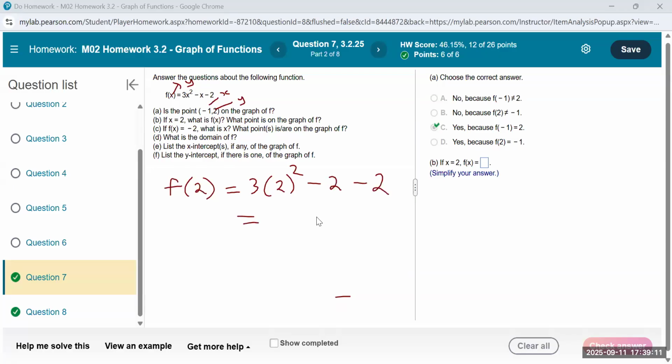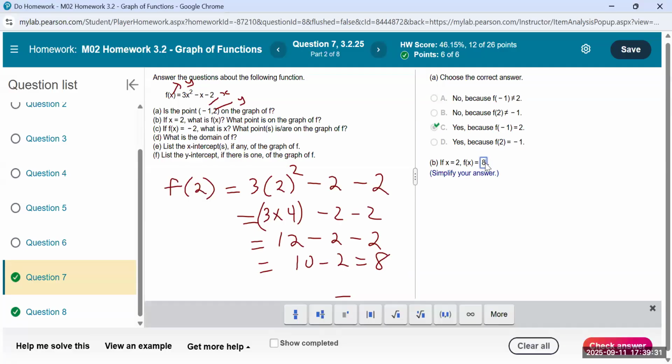And this is 3 times 4 minus 2 minus 2. So you have 12 minus 2 minus 2. And that gives us what? 10 minus 2 is what? 8. So if x is 2, your function f of x is equal to what? 8.